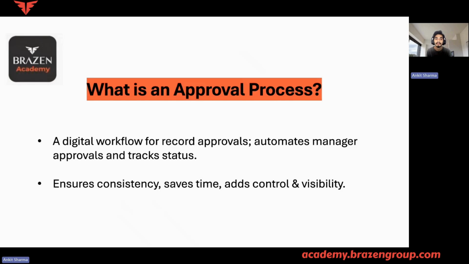When a record meets certain conditions, Salesforce automatically sends it to the manager or another person for approval. It's mostly used for things like discount or deal approvals, leave requests, expenses, or case escalation. It makes sure that only authorized people can approve certain actions and everything is trackable and consistent.